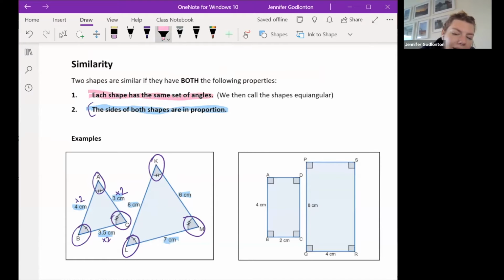Now thinking about our cases of congruency, how do you think I would write a reason for the angles all being the same as each other? What do you think that would look like as a reason when you think about our different cases of congruency? Don't be scared to make mistakes. Anam, that would be the case if my sides were all the same as each other, so that would be a case for congruency.